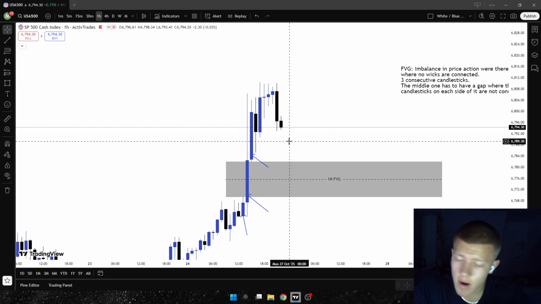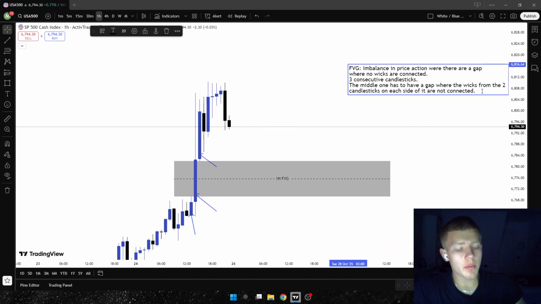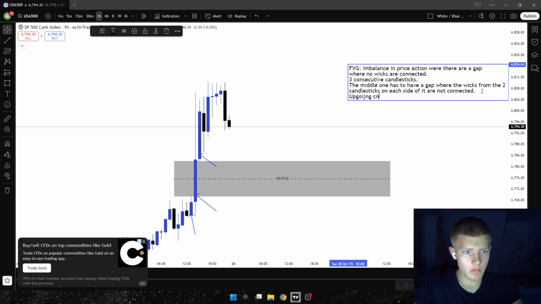Now, why are they even fair value gaps, and what can we use them for? When we have upgoing candlesticks, how do I describe this?